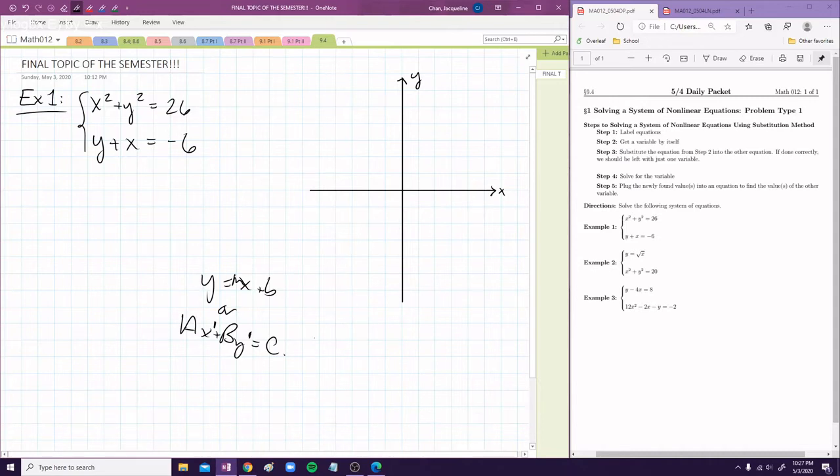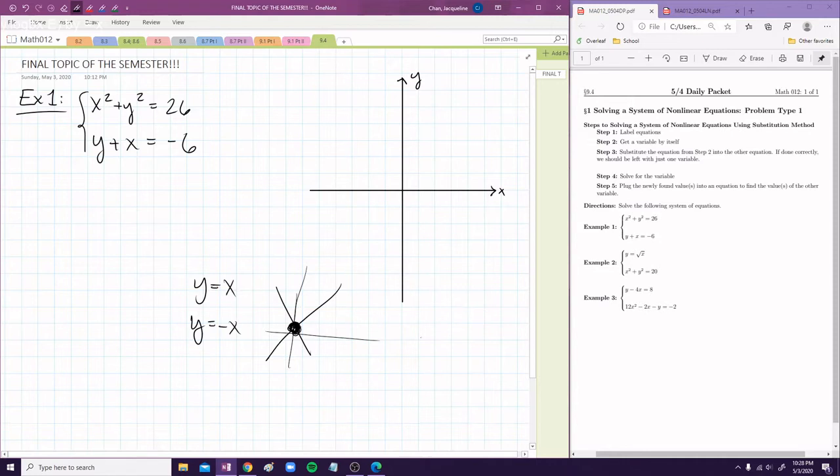When we solved a system of linear equations, essentially what we found was where those two graphs met. So if I had y equals x, and then y equals negative x, when I draw that, that's actually an X. And if this was a system, the solution would be (0, 0), because they crossed at that one point.